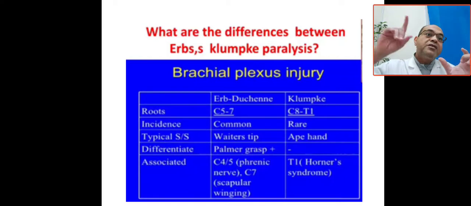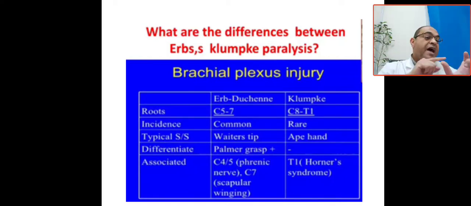You have to diagnose this case as phrenic nerve injury rather than pneumonia. And if C7 is affected, it will be associated with scapular winging.